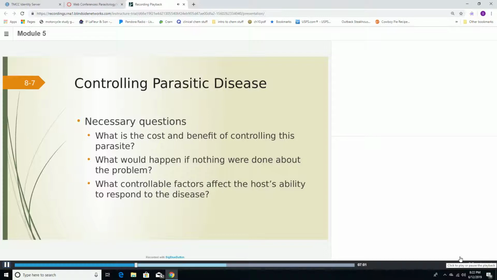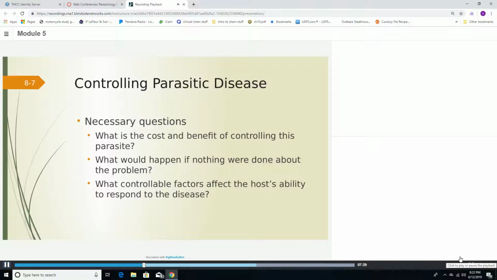Treating a disease represents the final and most direct interruption of a parasite's life cycle. So basically, what are going to be the cost and benefit of controlling a parasite? When you think about cost, how much is it going to cost to either treat parasitic infections or kill the parasite or stop a vector from introducing a parasite into a human host?